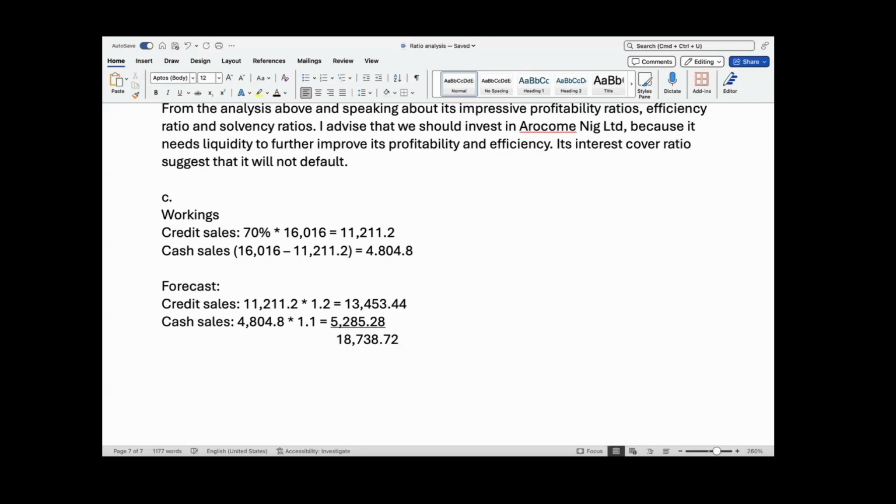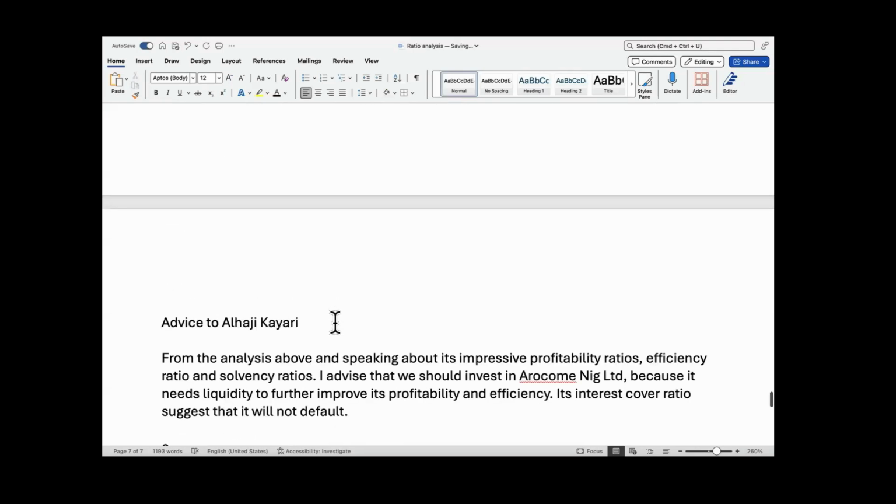Okay, so let's do the forecast profit or loss statement for the year ended 2024. So the sales as done in note 1. They say the cost of sales will increase by how much?